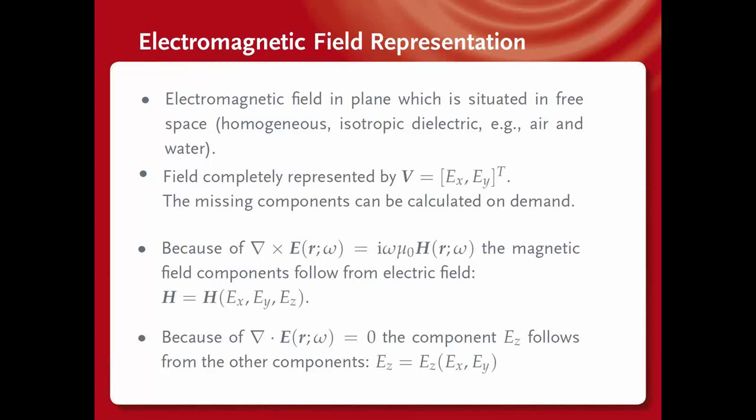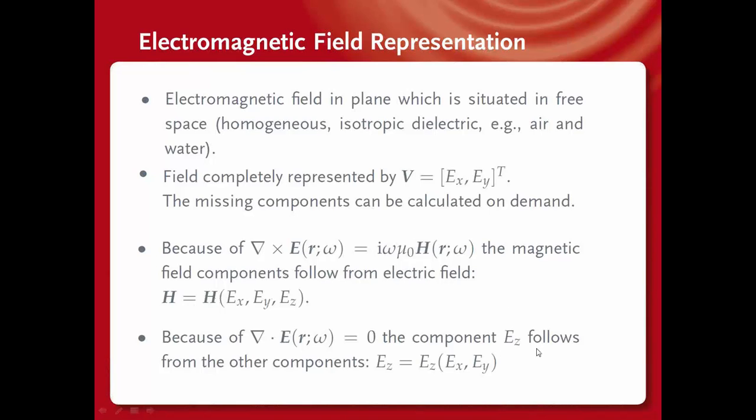And we can completely describe the electromagnetic field by two electric field components, the Ex polarization component and the Ey polarization. And the missing four components of the electromagnetic field can be calculated on demand directly by Maxwell's equations, meaning that from the Ex and Ey components you can also calculate the magnetic field and the Ez component.